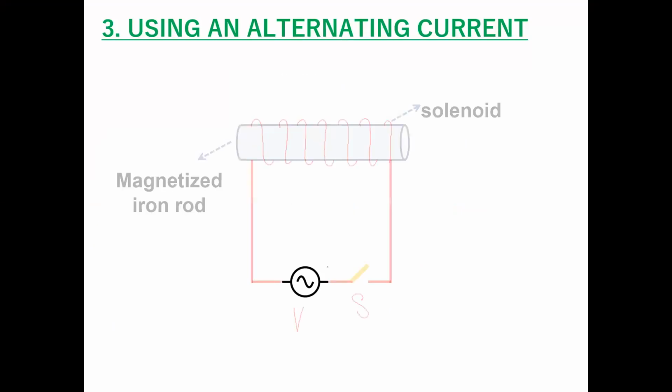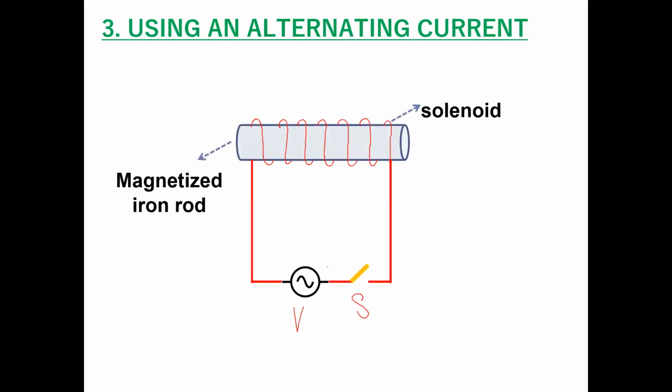This is number 3. You have to give this heading, using an alternating current.